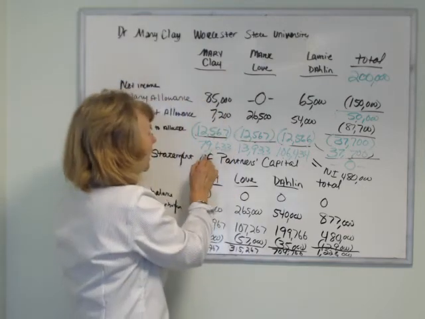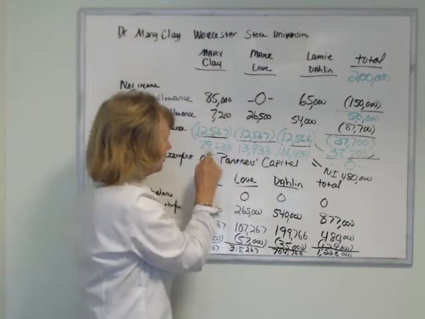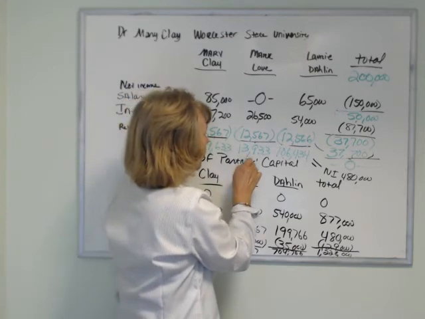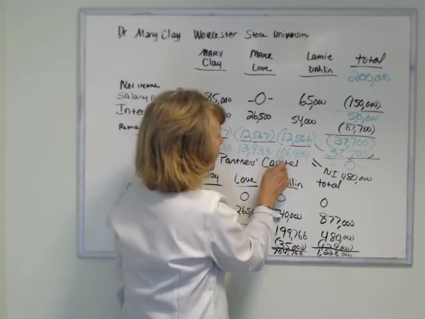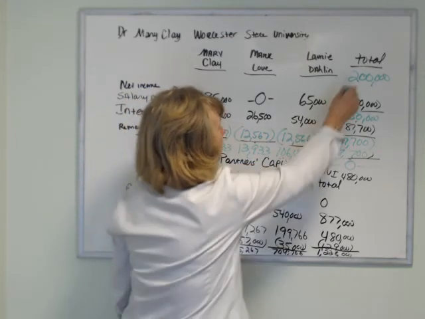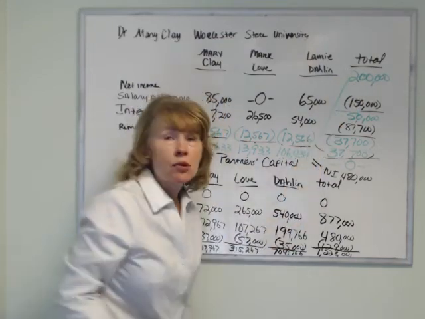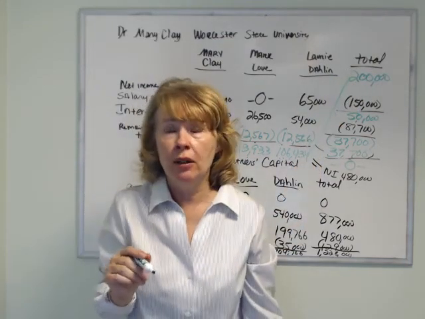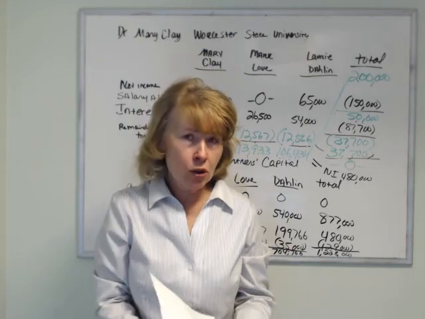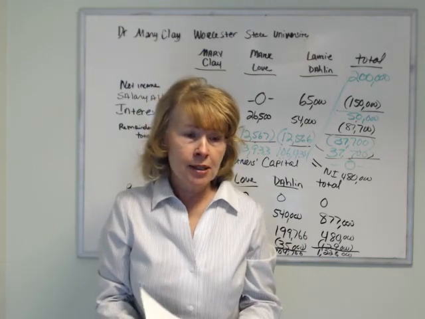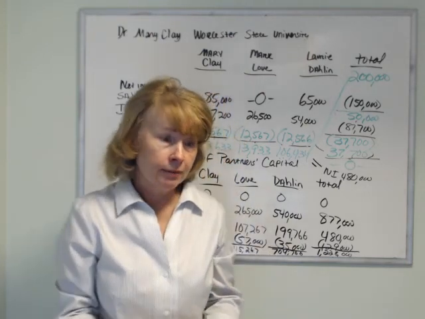Add 79,633, 13,933, 106,434, and it better equal the 200,000. So that's your double check. All right? Okay, so that's how you do partnership income. Let me see your homework and see you soon.